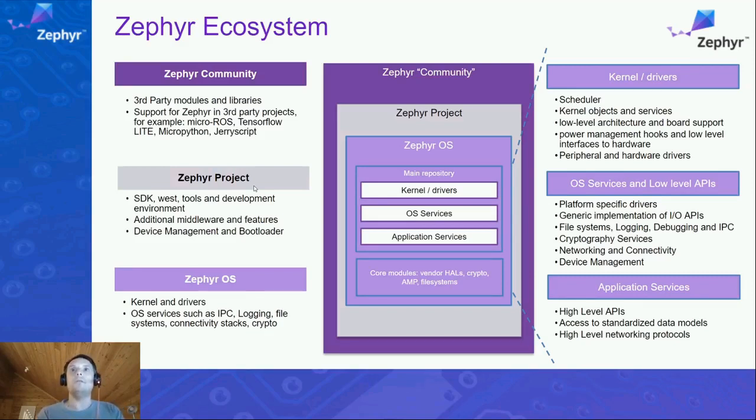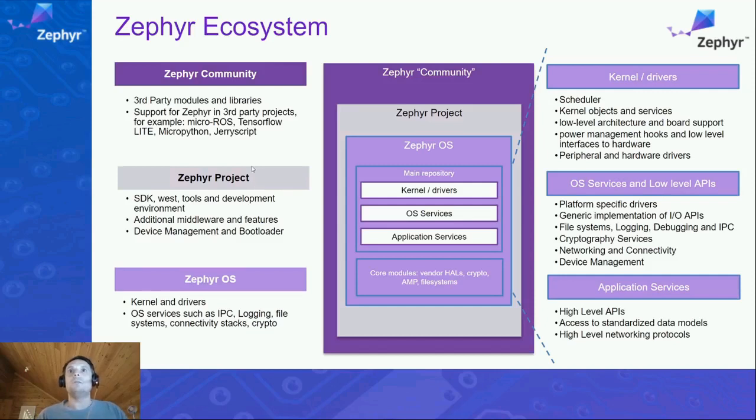We provide tools like West, which will be talked about in depth later in this webinar. We also provide additional tools in a development environment. On top of that, there's also a bootloader, there's device management, and several other features that are part of what we call the Zephyr project.